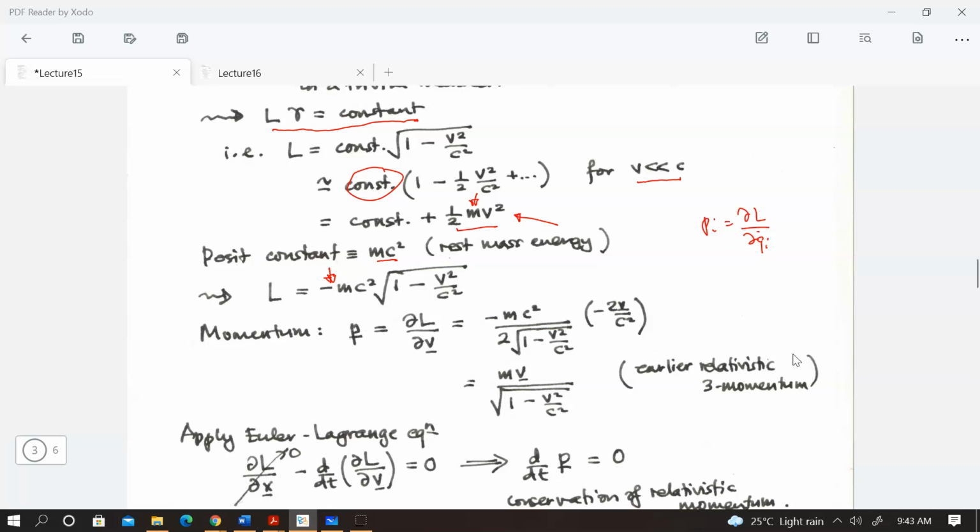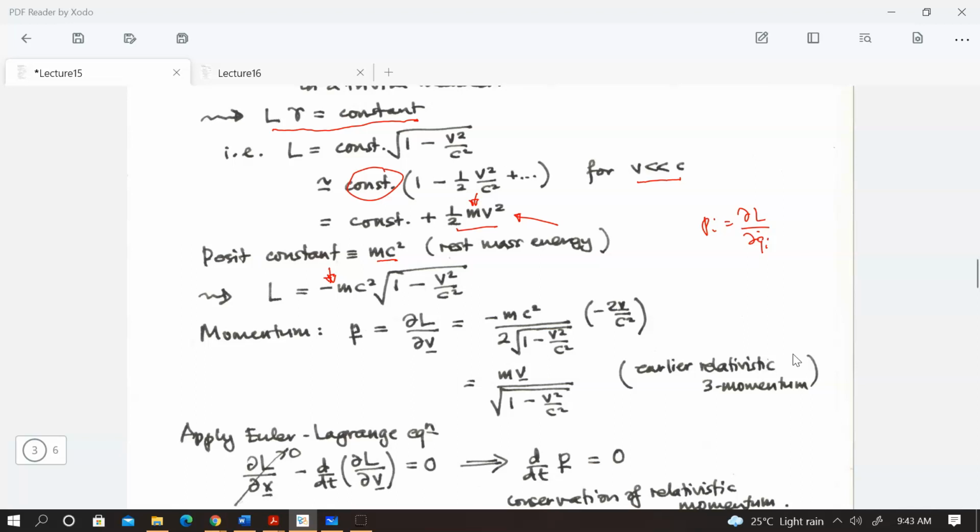So you need to differentiate this Lagrangian here with respect to v, and v only appears inside this relativistic factor over here. So you need to differentiate a square root. So that gives you 1 over the square root over here with a half.